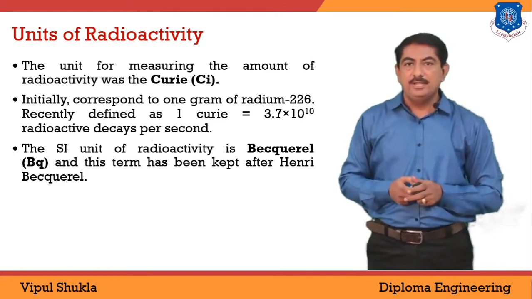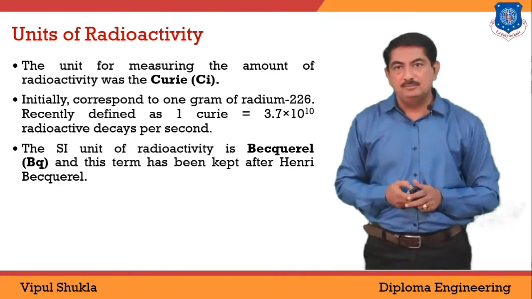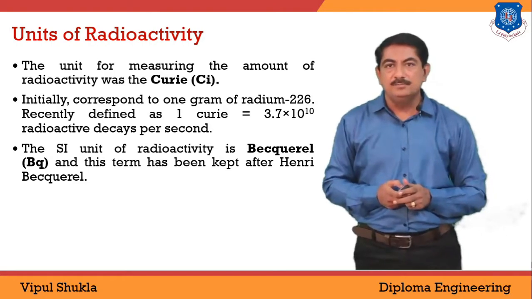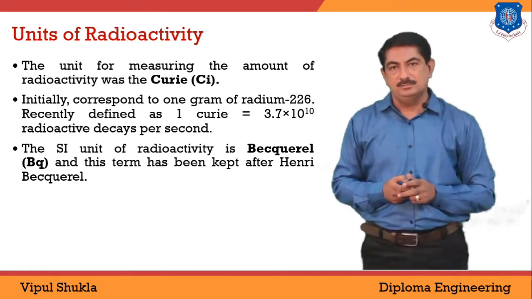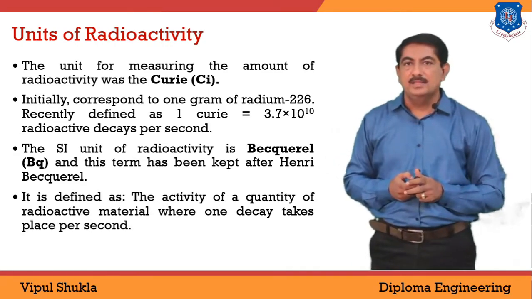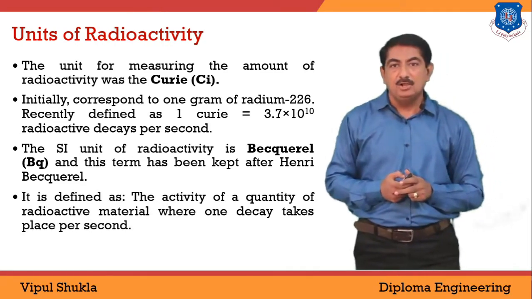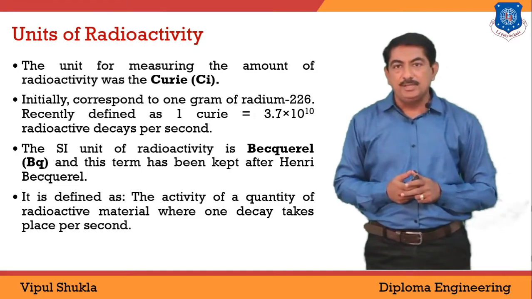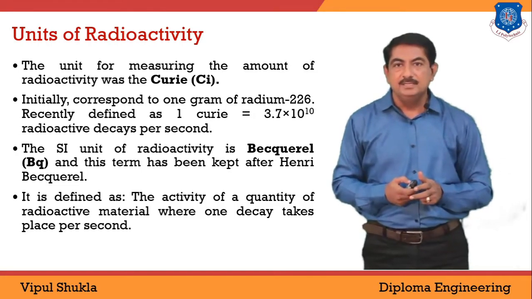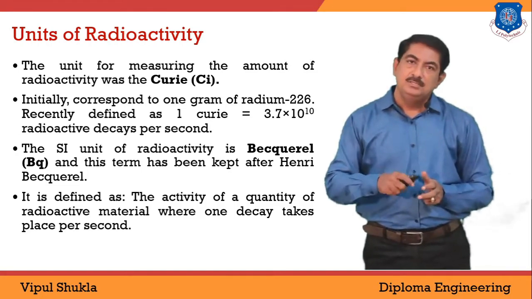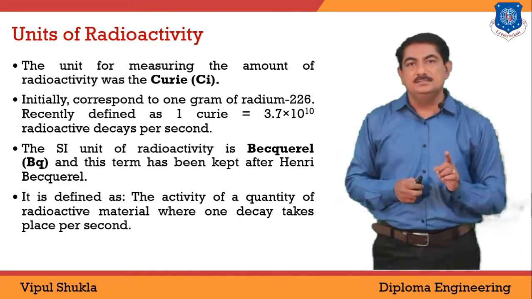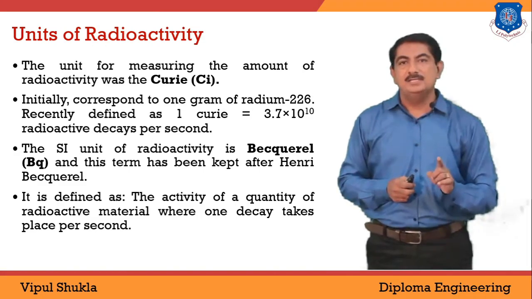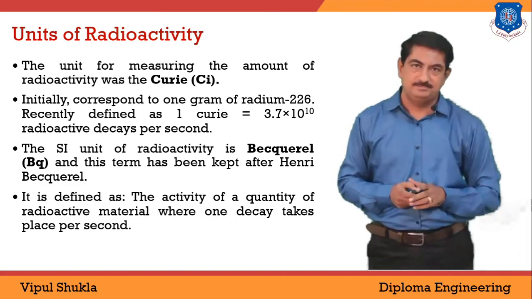The SI unit of radioactivity is the Becquerel, denoted by Bq, and this term is named after Henry Becquerel. It is defined as the activity of a quantity of radioactive material where one decay takes place per second. That means if one disintegration is made in 1 second, then the activity of the element is said to be 1 Becquerel.